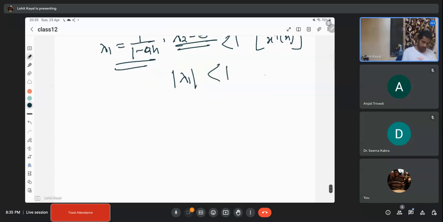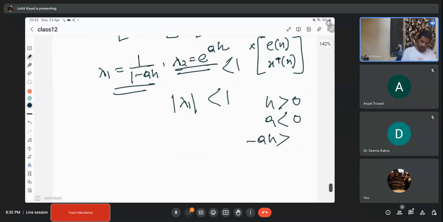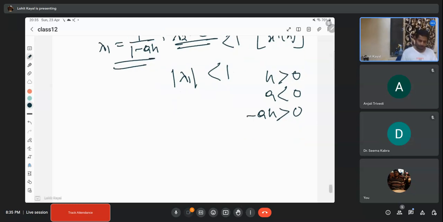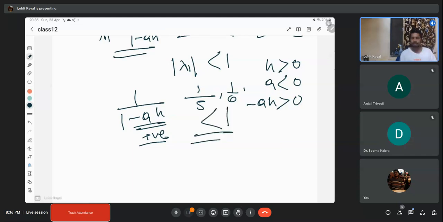But what we know is that h is greater than 0 and a is less than 0. So minus a h is always greater than 0, right? So see this term, 1 by 1 minus a h, where minus a h is a positive term. As a result, we are getting something like 1 by 5, 1 by 6, this kind of positive term, which is by default less than 1.